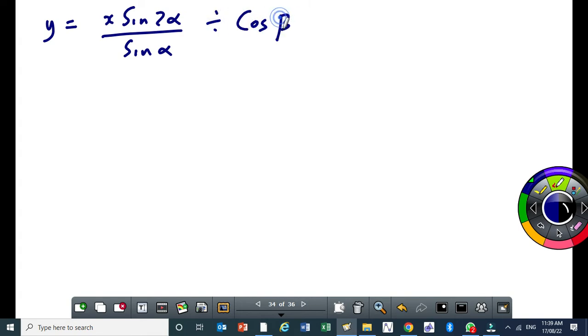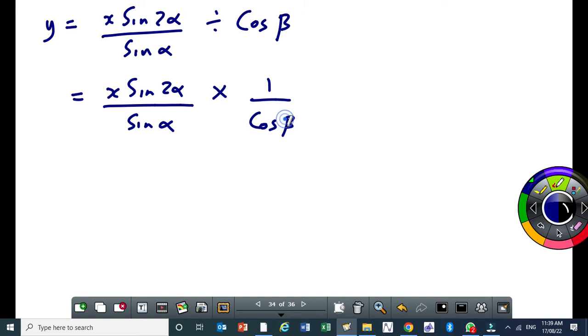So I'll put cos beta there. Instead of dividing x sine 2 alpha over sine alpha, I suggest that you do it that way, so that the next step becomes x sine 2 alpha over sine alpha times 1 over cosine of beta.